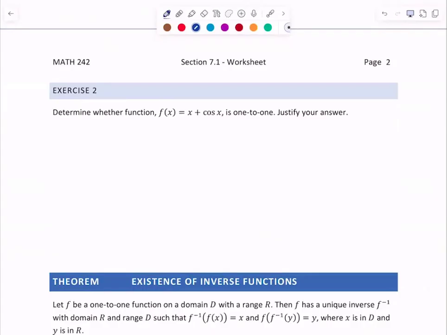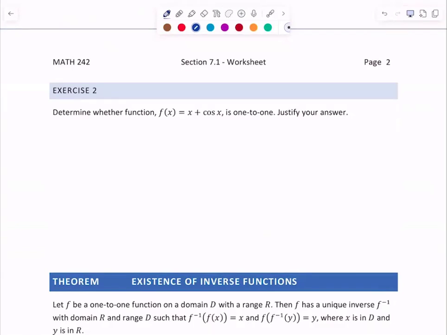It's not one-to-one. So without visually seeing the behavior of the function, if I just ask you to determine if this is one-to-one, it's not an immediate answer.